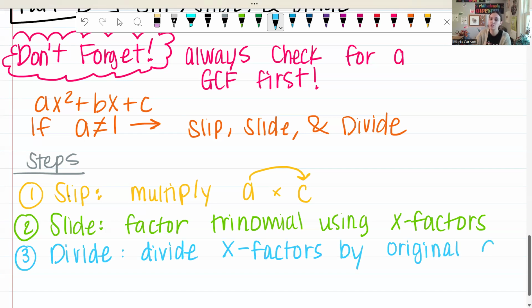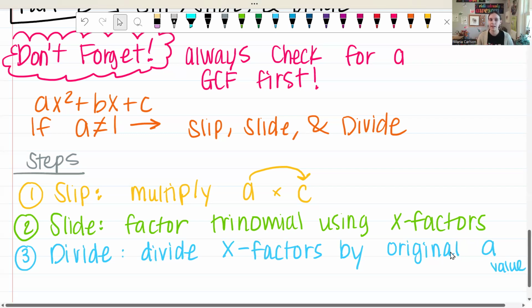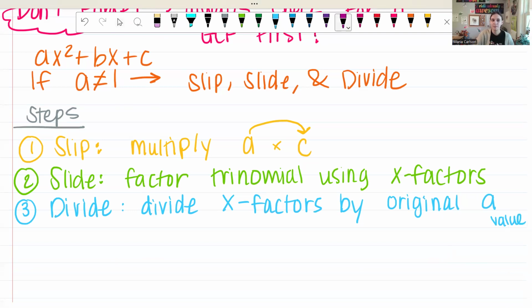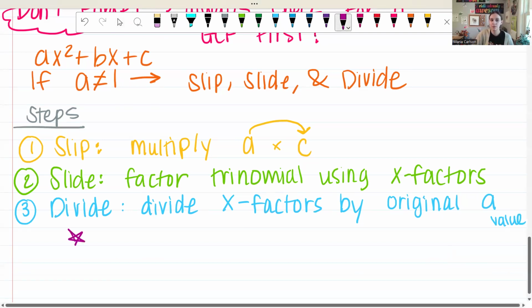So whatever your original a value was, you'll divide both of your numbers, your x factors, by that a value. And sometimes there is the possibility that you could be left with fractions that you can't simplify.